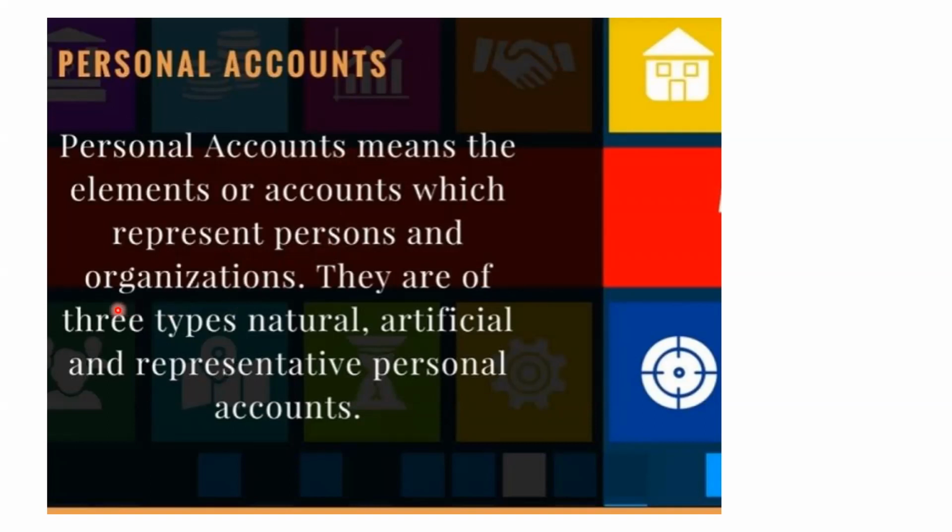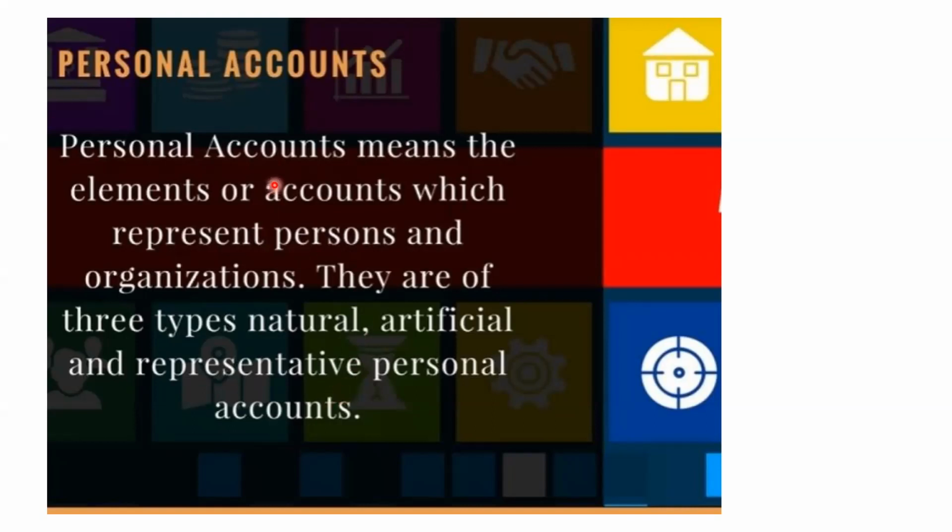So there will be three types of personal account. How many types of personal accounts are there? Three types. One is natural, second is artificial, and third is representative personal account. Just know this one, no need of noting it down. Just have an idea.